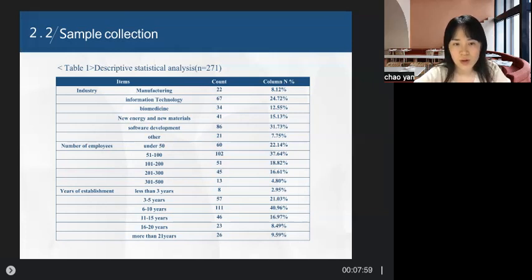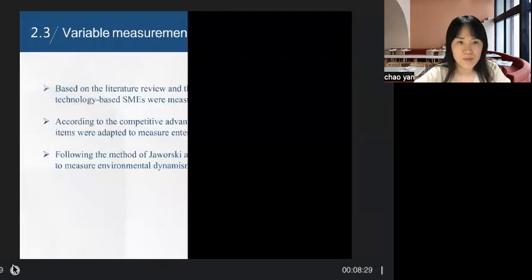In terms of enterprise age, it is primarily focused on 3 to 15 years, accounting for 64.5%. Consequently, the survey data are evenly distributed, and the responding firms appear representative of the study population.